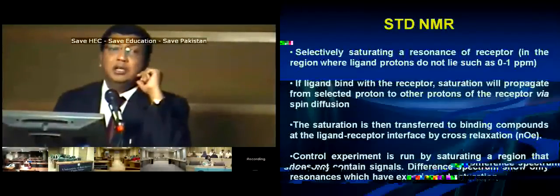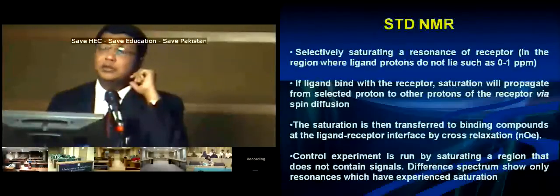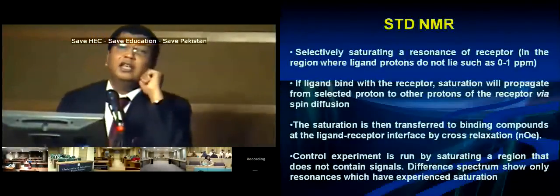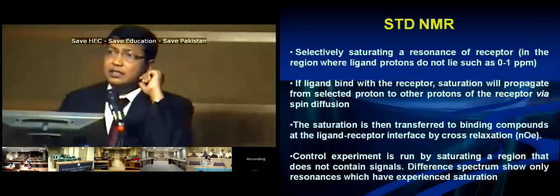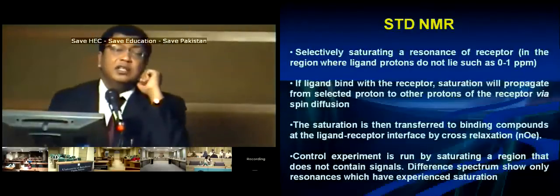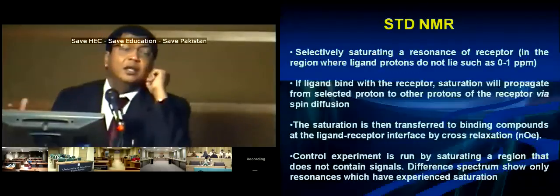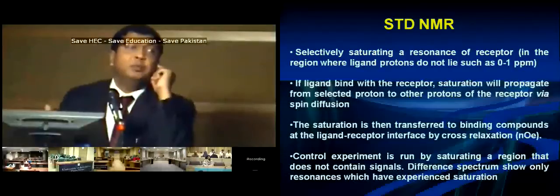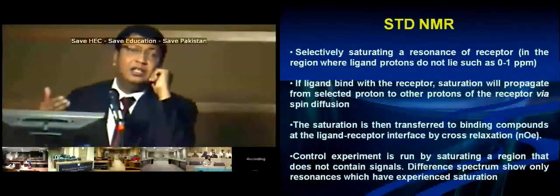Very simple. One is called in-resonance pre-saturation of the protein. The other is off-resonance saturation of the protein, which means no saturation of the protein. What you are recording is the ligand, and the difference between the two spectra is the difference because of the interaction.